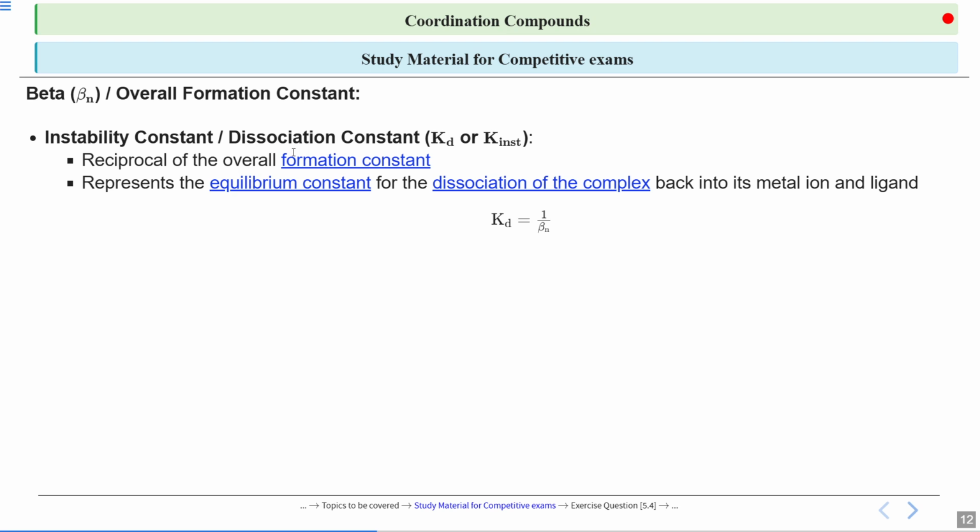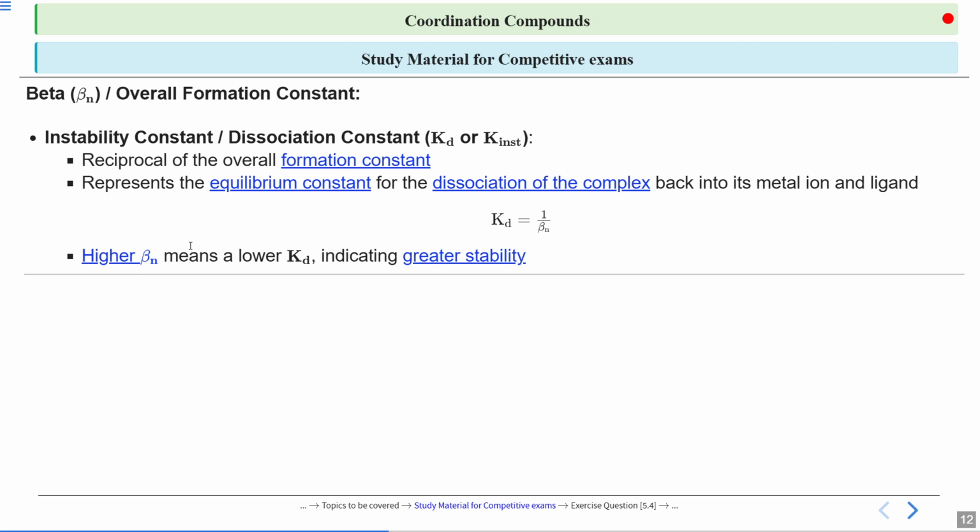Dissociation means you are dissociating the complex now, and the dissociation constant represents the equilibrium constant for the dissociation of our complex back into its metal ion and the ligands. So you can write Kd, the dissociation constant, is equal to the reciprocal of the overall formation constant, that is beta n.